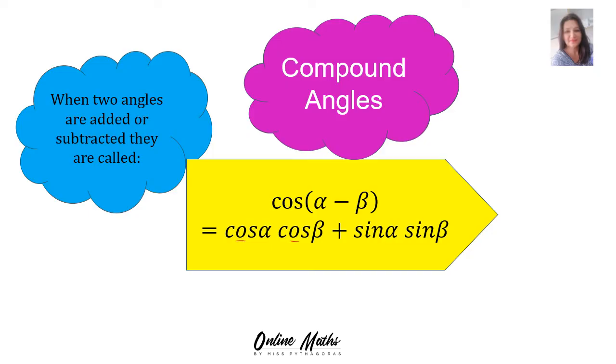There's a definite pattern that you must recognize: cos cos sin sin, and then the angles are alpha beta, alpha beta. And when there is a negative inside the bracket, this sign is a positive.